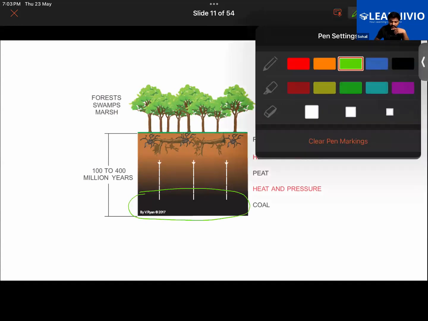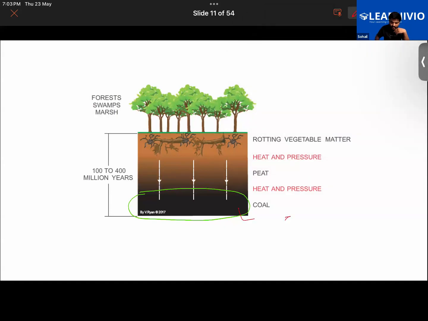So we say that this is the coal reserve. The one under the ground is just called coal reserve. The coal that is in usable form, whether it be peat, bituminous, subbituminous, anthracite, that is simply coal reserve. All of them together will be called coal reserves.